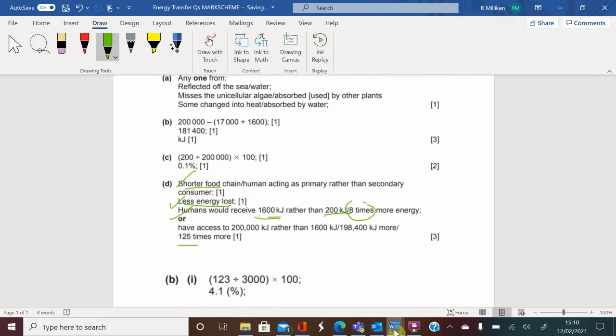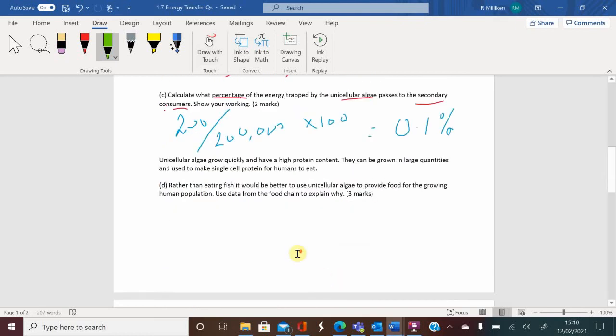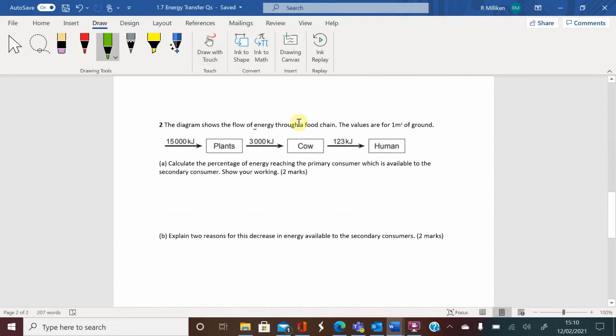Now we'll go back to the question here. Use the diagram to calculate the percentage of energy reaching the primary consumer that is available for the secondary. What's going into the primary? Remember, this is producer, this is primary, this is secondary consumer.